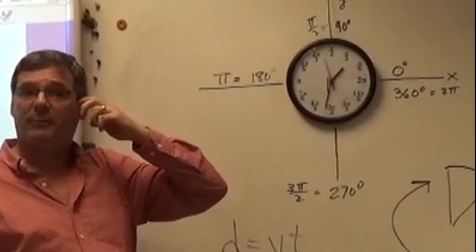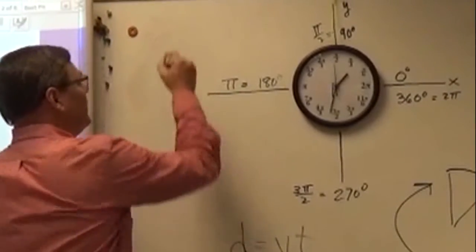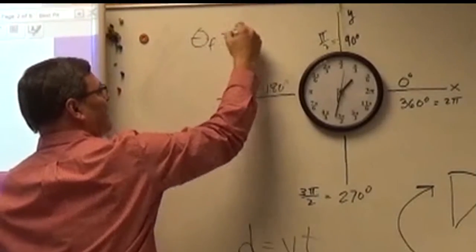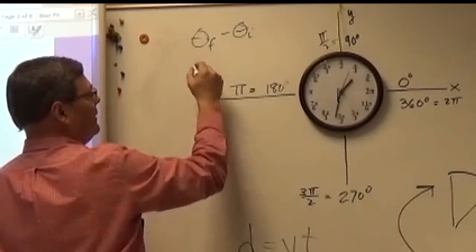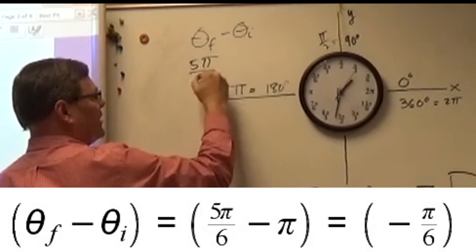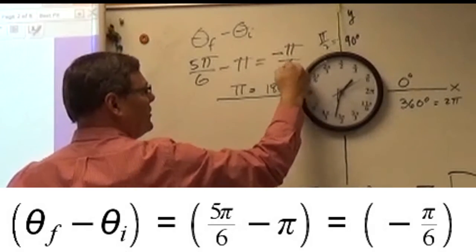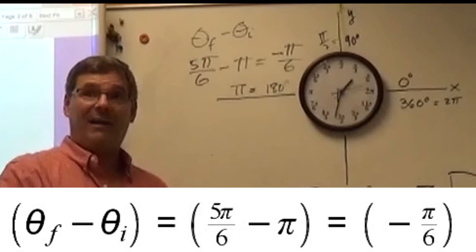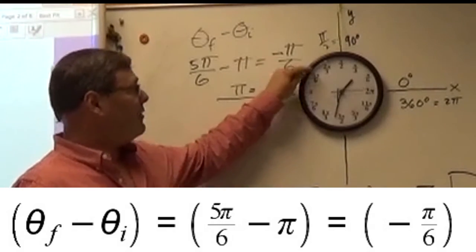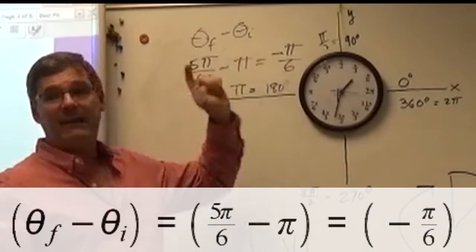What is my angular displacement? Well, we always say theta final minus theta initial, so that would be 5 pi over 6 minus pi equals negative pi over 6. So in other words, I have displaced pi over 6 radians and in the negative direction.